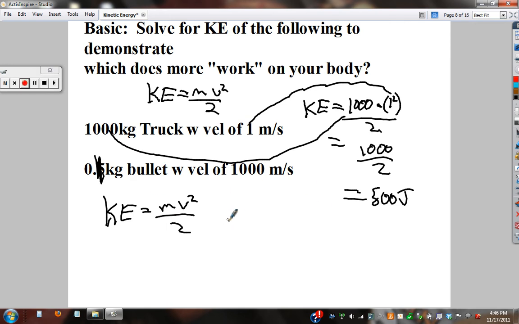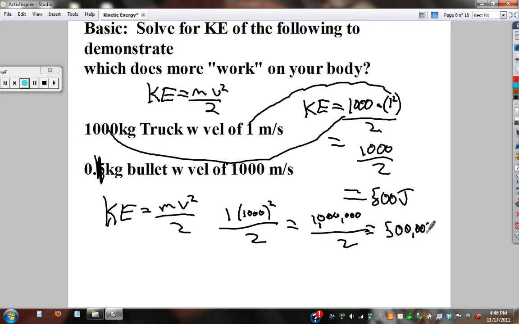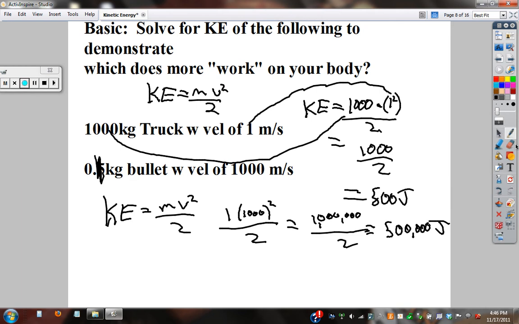Here's the answer. 1 times 1,000 squared, you can already see where this is going, is 1,000,000 over 2, which equals 500,000 joules. And you can see the unit of energy is joules. It's the same for work.